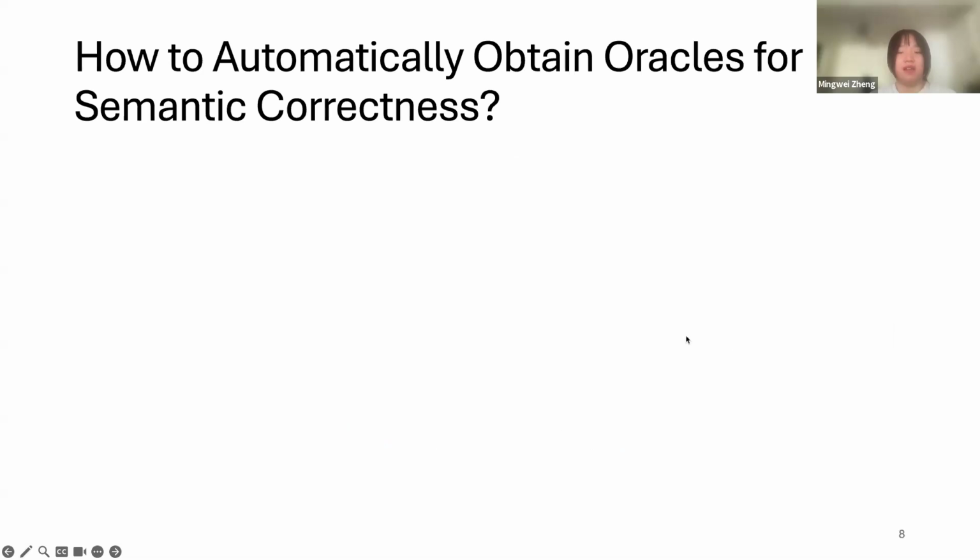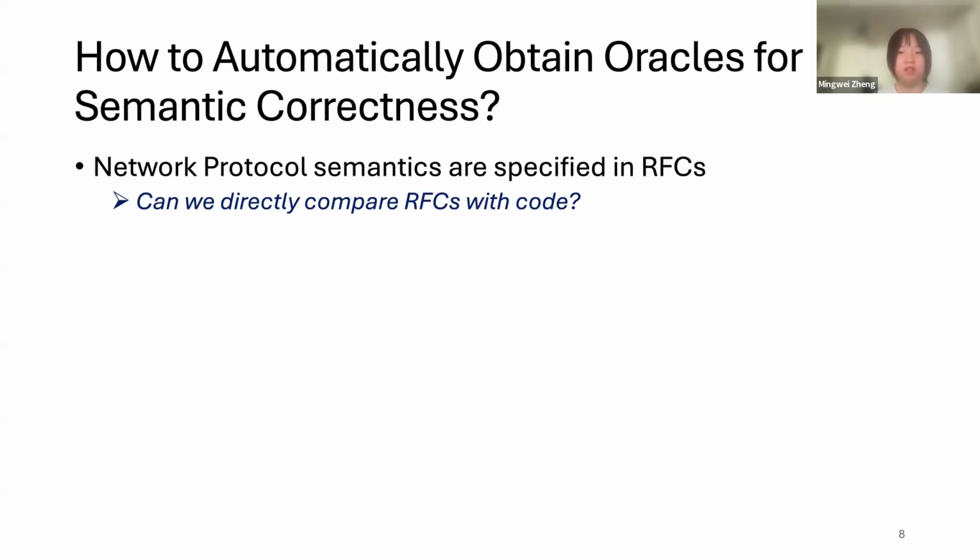So here the actual problem becomes: how can we automatically obtain these oracles for semantic correctness? For network protocols, the oracles actually exist. They are just written in RFCs, these natural language documents. So the natural question becomes, can we directly compare these RFCs with the code?